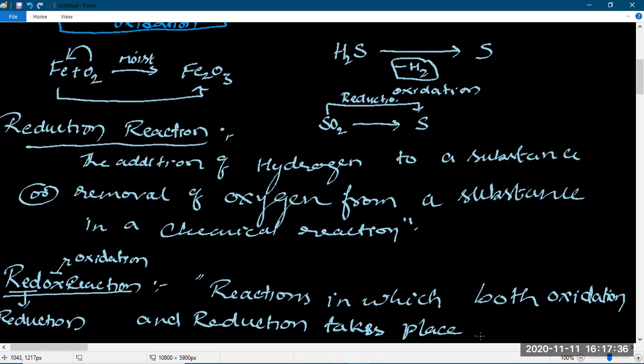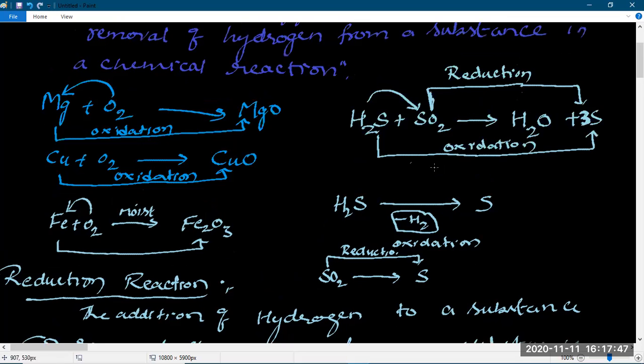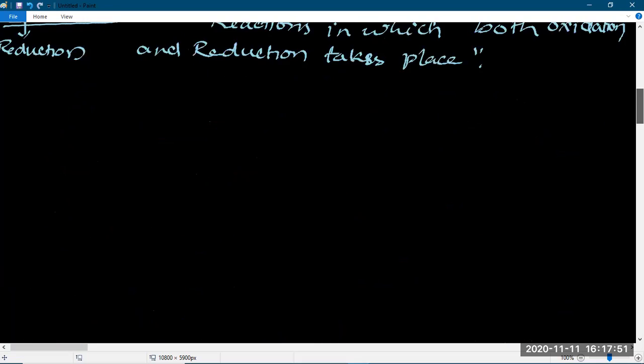Such kind of reactions are called redox reactions. Both oxidation as well as reduction take place. That means the above equation is called a redox reaction. Look at here, both oxidation is taking place as well as reduction is taking place. Such kind of reactions are called redox reactions.